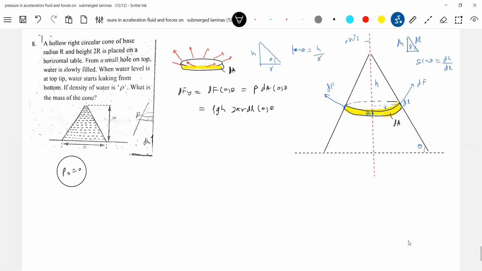So bring all the things we brought. What is h? You can write it as r tan theta. H is equal to r tan theta.